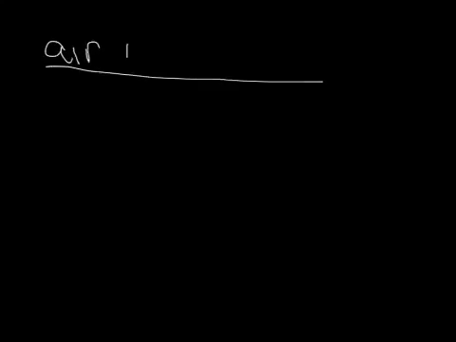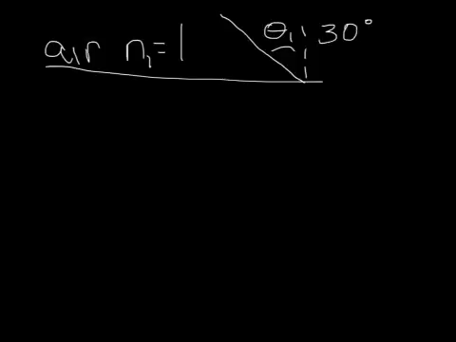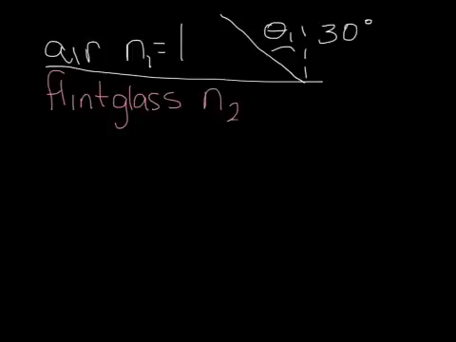So we know we have air, and we know the index of refraction for air is 1. And we know it's coming in and hitting this at 30 degrees. So theta 1 is 30 degrees. And we know it is going into flint glass. I am going to say my flint glass has an index of refraction, and since it is our second material, it's an N2.